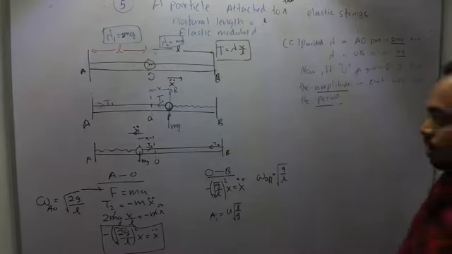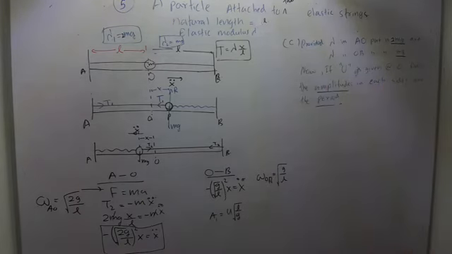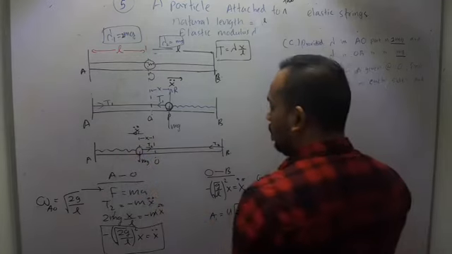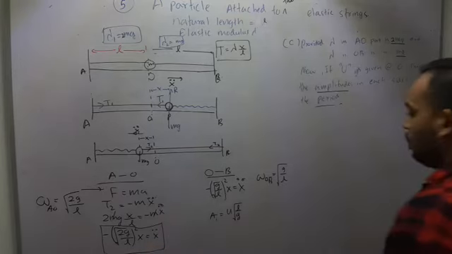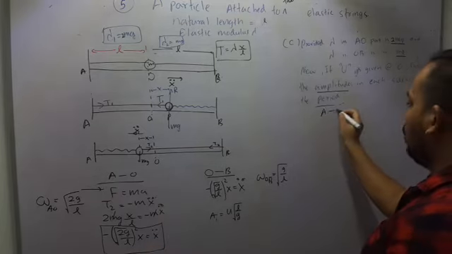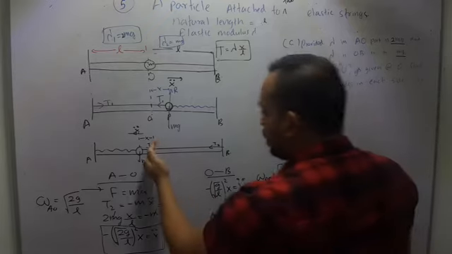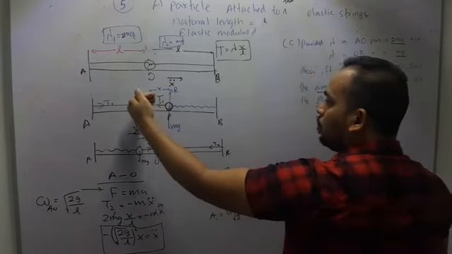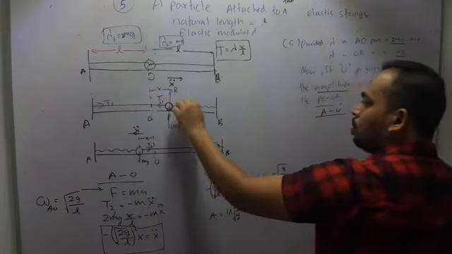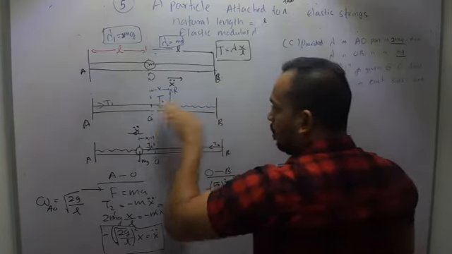So now you know that this is a combination of two different simple harmonic motions. On this side you have one type, on this side you have another. So what is the amplitude in each case? To find the amplitude in the AO direction, we use the same equation. Suppose u is given in this direction, so it moves until it reaches its amplitude, then turns around and comes back.